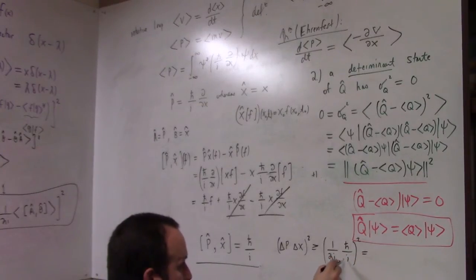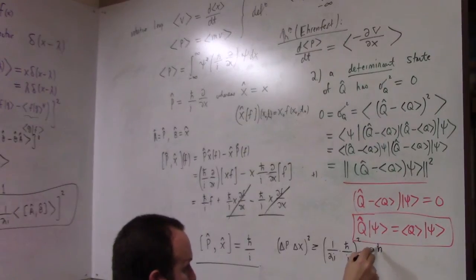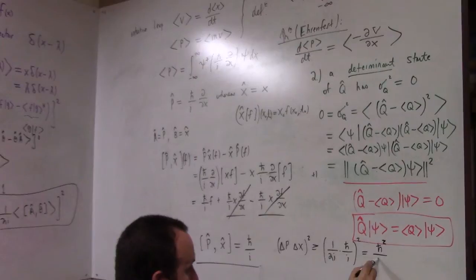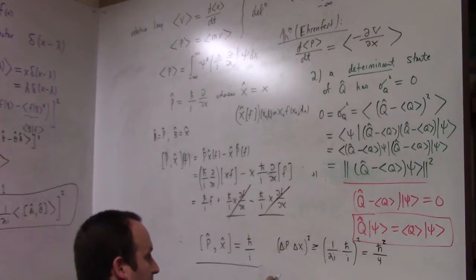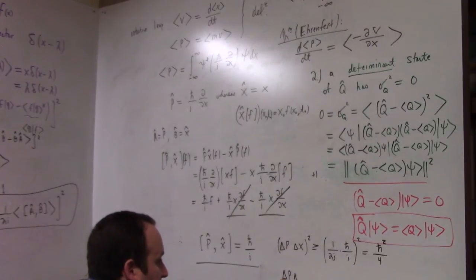But that gives us what? The i's give you -1, right? And so you got yourself h bar squared over 4, right? And so we get the change in momentum times the change in position is greater than or equal to, looks like h bar over 2.